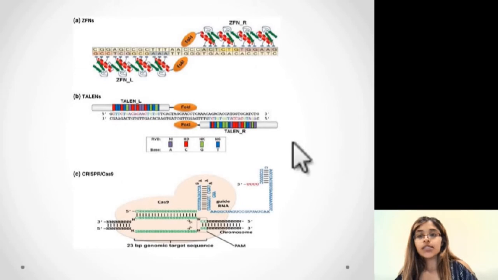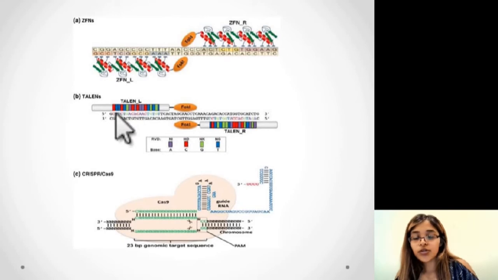So as we can see, each module only binds to one nucleotide, as opposed to the zinc finger array, where you can see that each zinc finger binds to 3 base pairs.